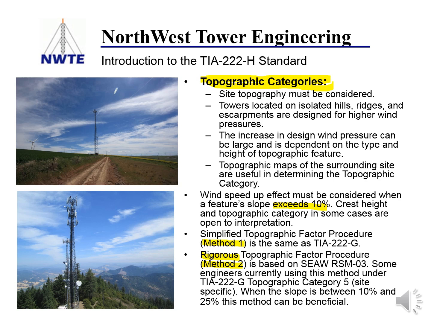We have found that if the slope is between 10 and 25%, which we would consider shallow slopes, it can have a significant benefit to us. Now, this option is available in the G standard, and we have used it. It's called Topo Category 5, but we've got to be very careful using it.